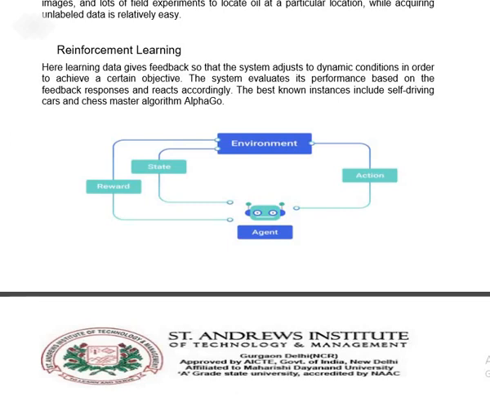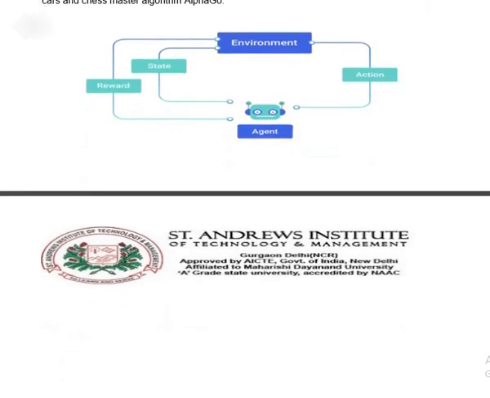When the action takes place again, feedback is considered again. At that time, the learning method may be more advanced, where the output comes to 60 to 70%. So reinforcement means that, step by step, the process is repeated with the environment, and the output is considered with the agent.